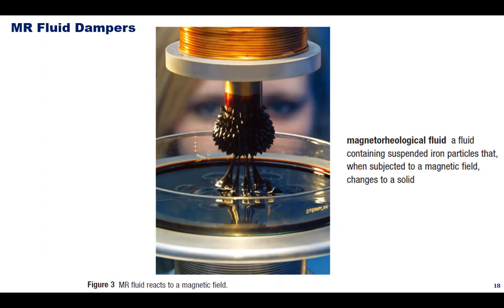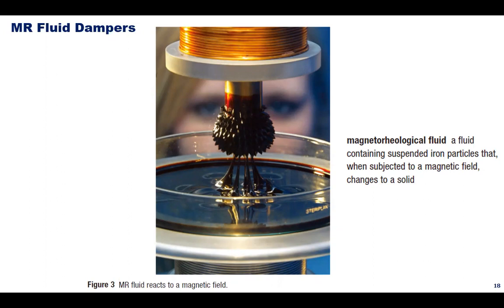This semi-liquid state of certain building components allows a building to absorb shock waves and reduces potential damage. Buildings constructed with MR fluids are called smart structures.